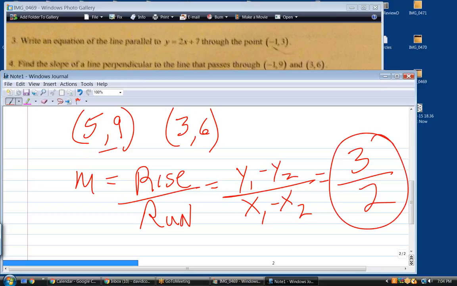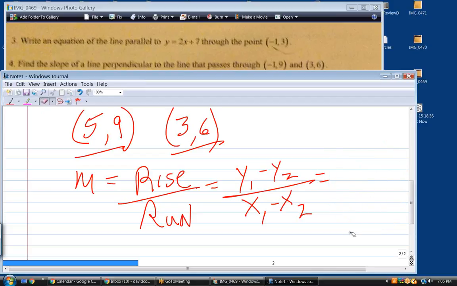So when your points are such that you can deal in all positives, sometimes it makes sense to go 1 minus 2 as opposed to 2 minus 1. If I were to do 2 minus 1, I would have minus 3 over minus 2, which still turns into 3/2. You get the same slope regardless. So it's okay to go either way.